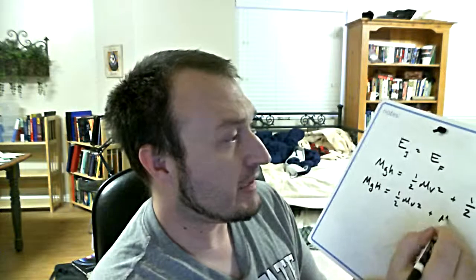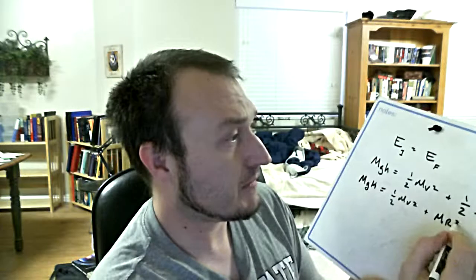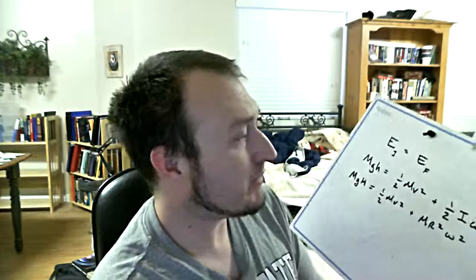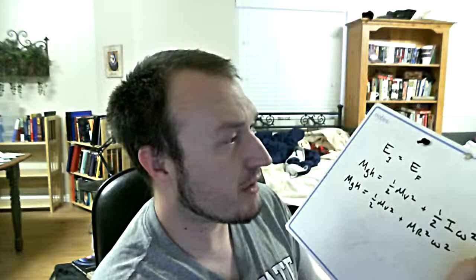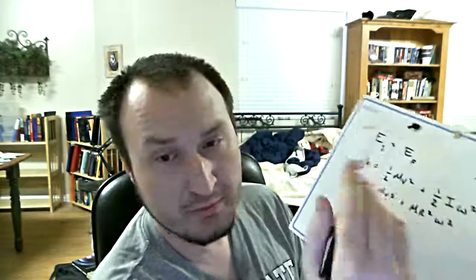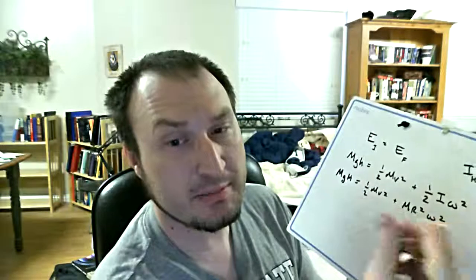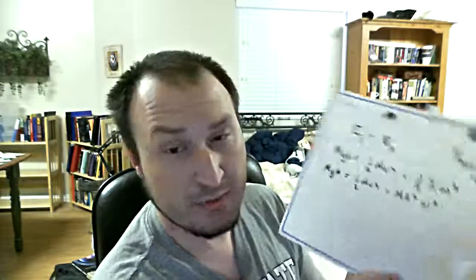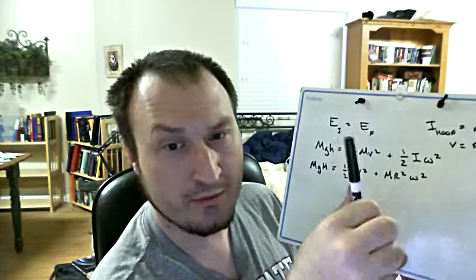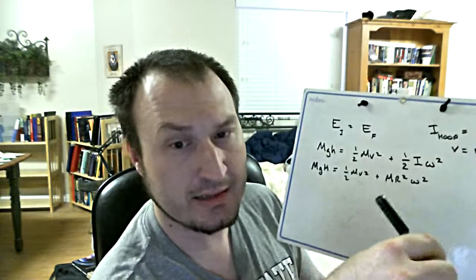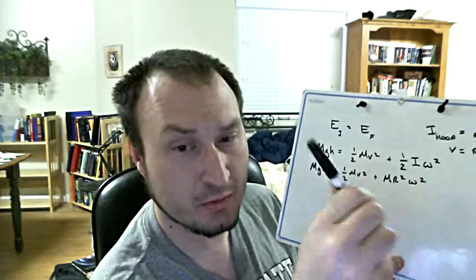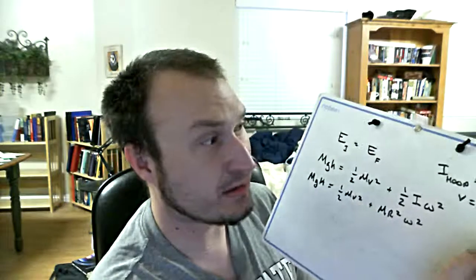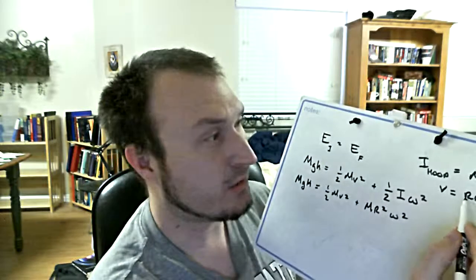I put that in right here, and it seemed to work out pretty well for me. The other thing that's important to realize is that the translational velocity of the hoop is related to the rotational velocity when something is spinning without slipping, and you get v equals r times omega. So whatever angular speed it's turning through, you multiply it by the radius.